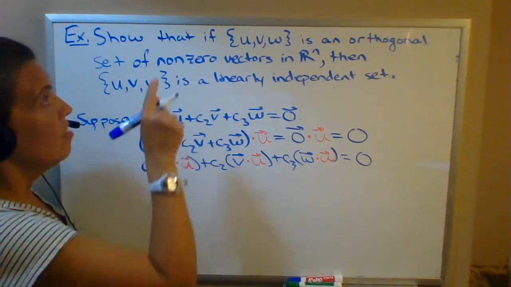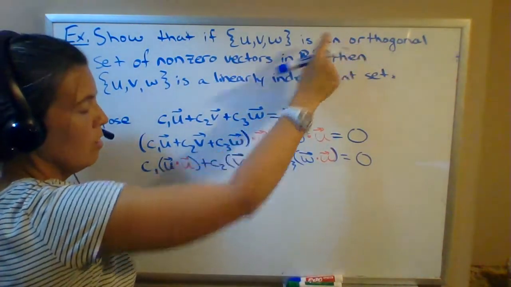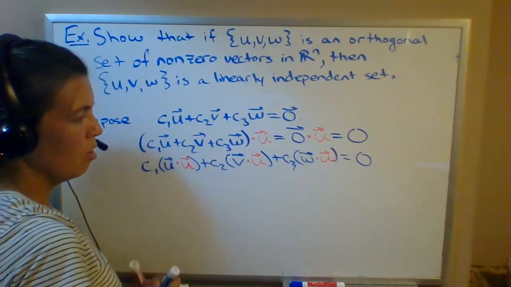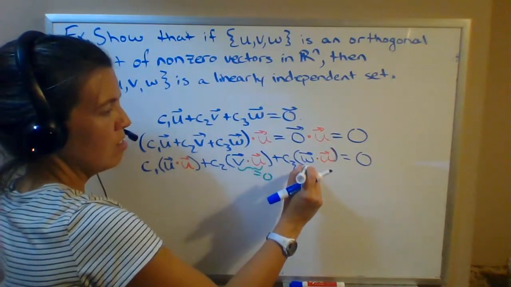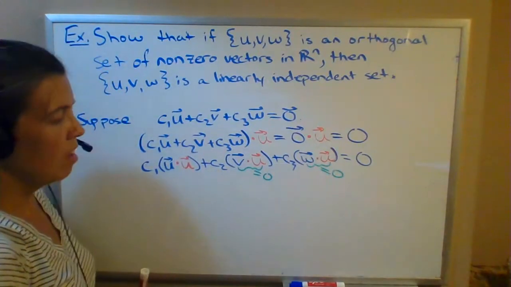Now, since this set is orthogonal, that means that u is orthogonal to v, so this inner product must be 0. And u would be orthogonal to w, so this inner product must be 0.